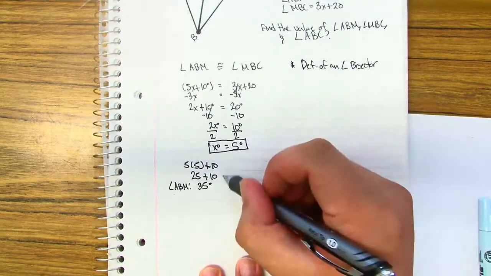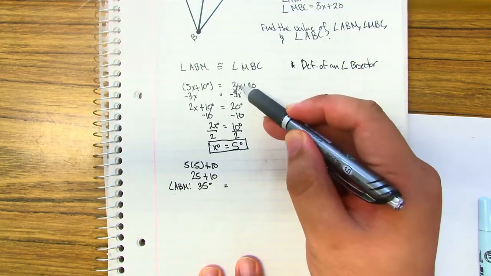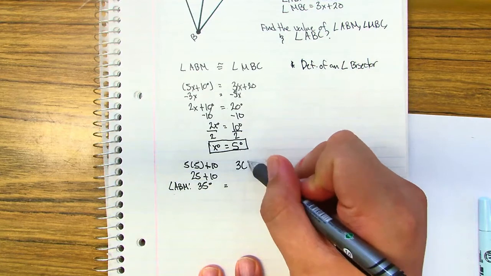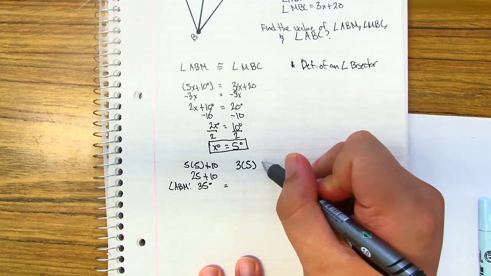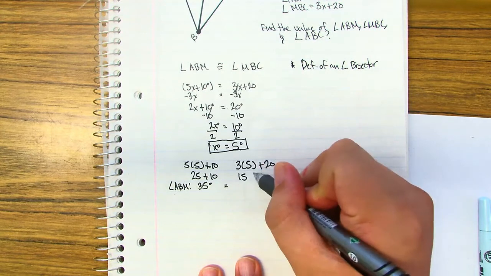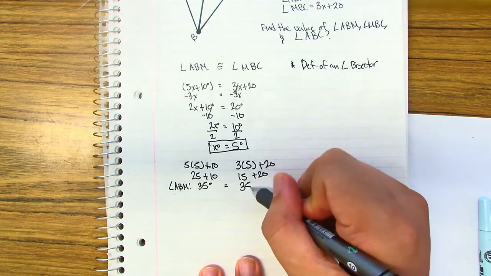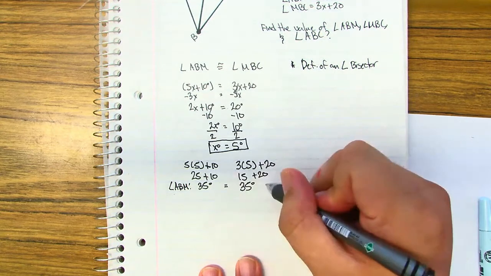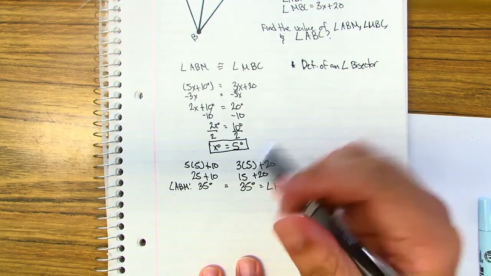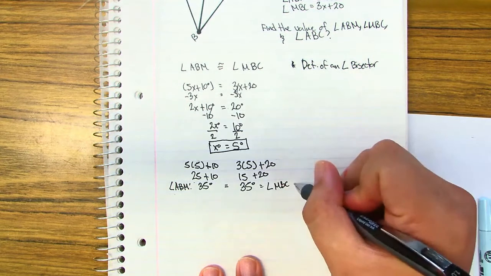Next, substitute the value of x here: 3 times 5 is 15, plus 20. 15 plus 20 is 35 degrees. And that's the value of angle MBC. So when they're both equal to each other, then you know that it is correct.